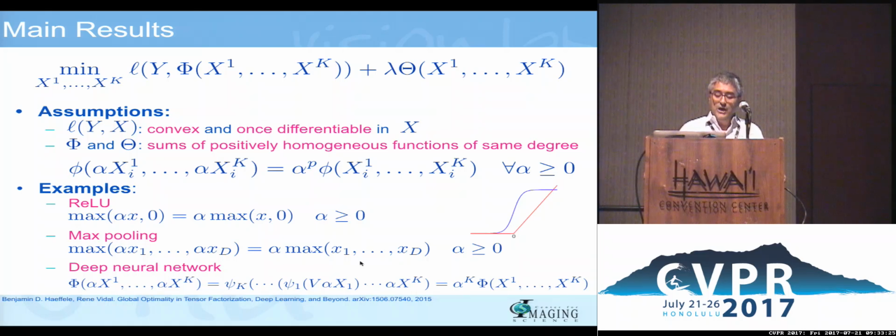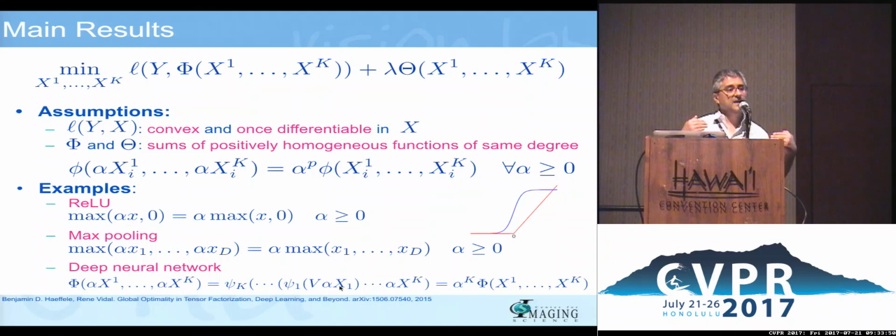Okay. So what about a deep network right now? In the case of a deep network, let's say I scale by alpha the weights of the first layer, by alpha the weights of the second layer. What's going to happen? Well, what's going to happen is that I always have a linear transformation, right? Linear transformations, by definition, if I scale the input by alpha, the output is scaled by alpha. So linear transformations are also homogeneous.